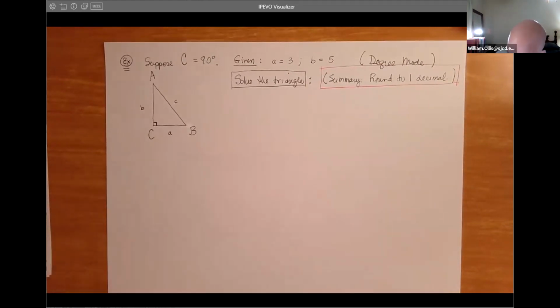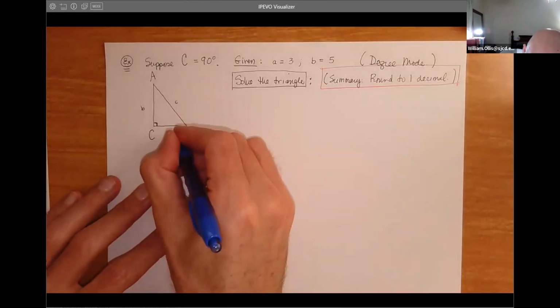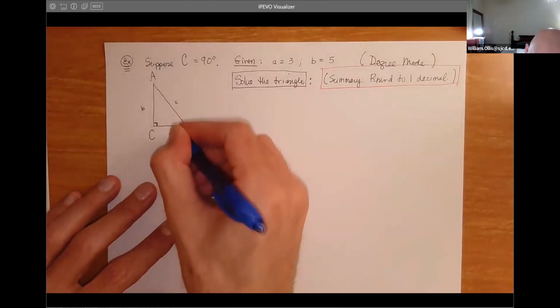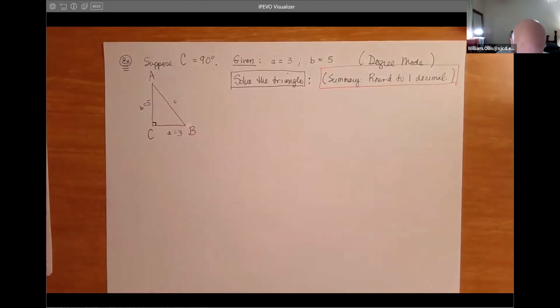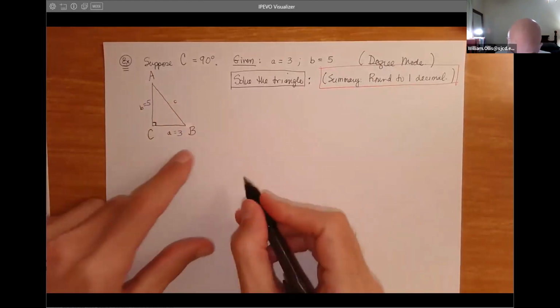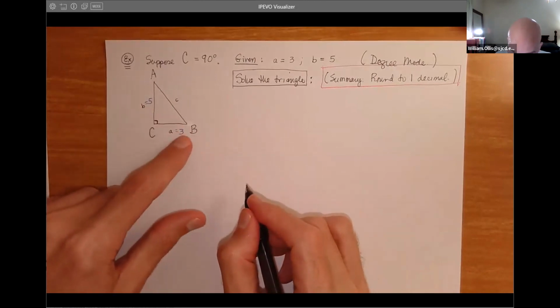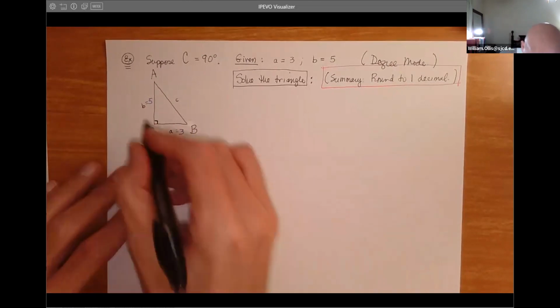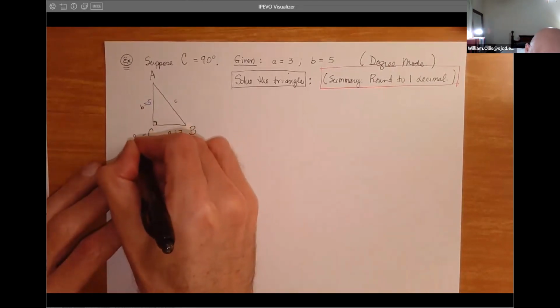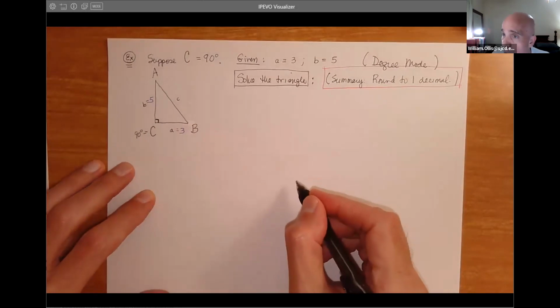So now go ahead and mark what we have: A equals 3, and B equals 5. If you like, we can use trigonometry to solve for the other angles. We know C is 90 degrees, how funny.